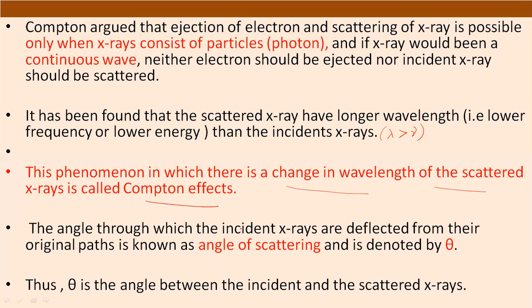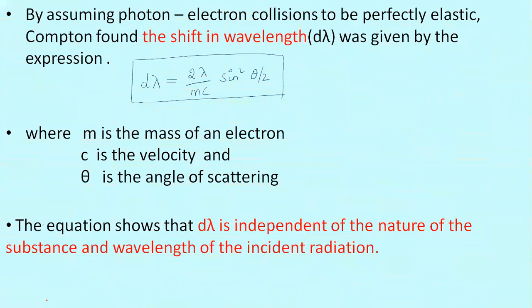First we give the statement with respect to the particle nature. Next, the scattered X-rays have a longer wavelength than the incident X-ray. Next, the angle between the incident X-ray and the original path is called the angle of scattering, which is represented with the theta symbol.